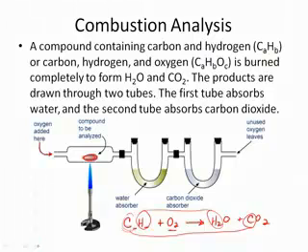But essentially the thing to remember is we're really only calculating an empirical formula, and when our data is given to us this way, where we have a mass of water and a mass of CO2, there's just an initial step we have to do to get it into a simple empirical formula calc.